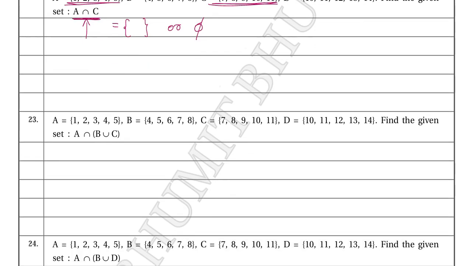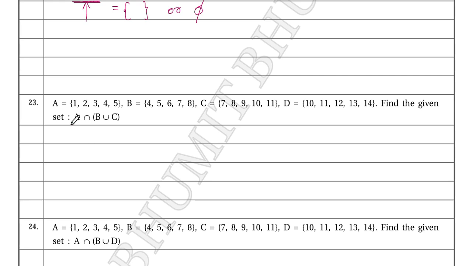Look at the next one. We have to find out A intersection (B union C). So to find out this, we have to solve first B union C, whatever is there inside the bracket. So union means combine B and C sets. So B is 4, 5, 6, 7, 8, and C is 7, 8, 9, 10, 11.